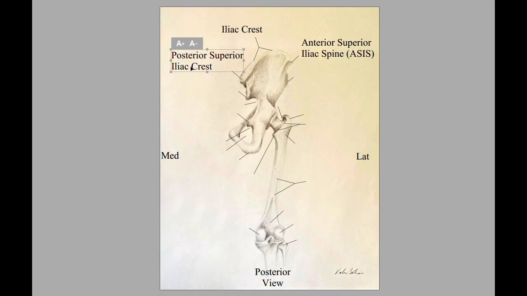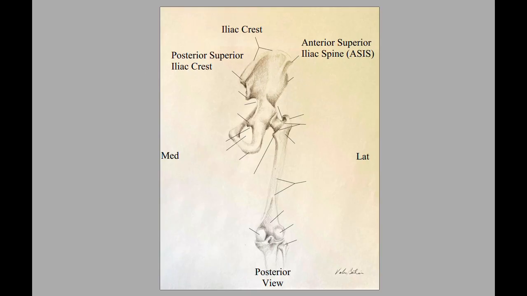And you may start to see a pattern here in terms of how this is named: anterior superior, posterior superior. There are two other spines. There's another one that's anterior, and there's another one that's posterior. But notice the difference between these two spines versus the counterparts up here. These are located inferior to these, right? These are the superior set, and this is the inferior set.